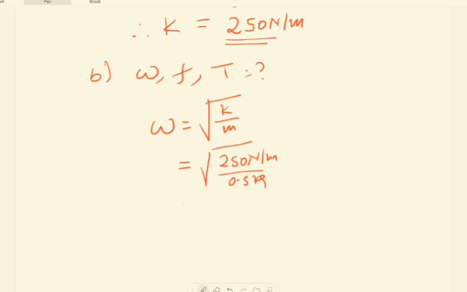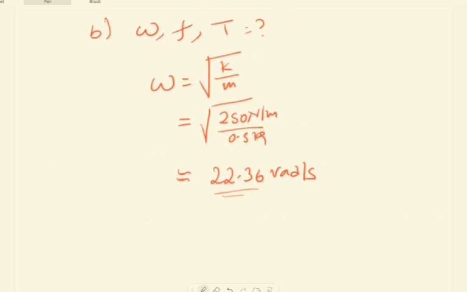With a simple calculation using a scientific calculator, you will find 22.36 rad per second. That's nice. Here we have found the angular frequency, and next we need to find the frequency.